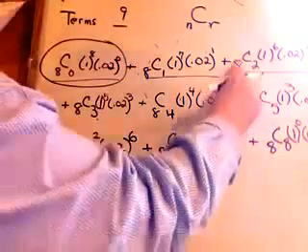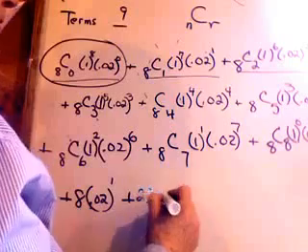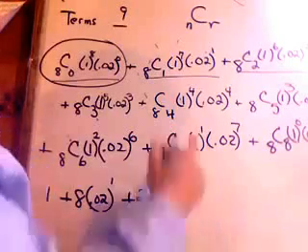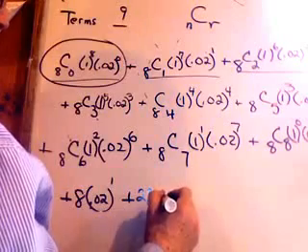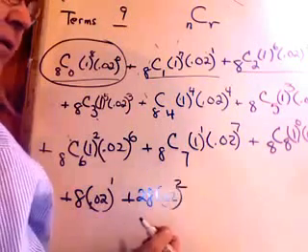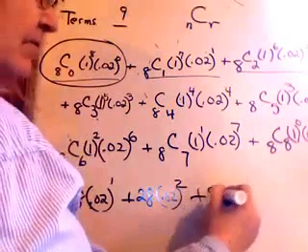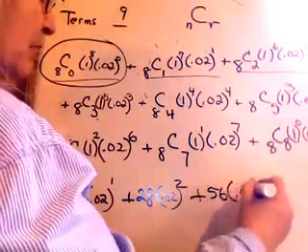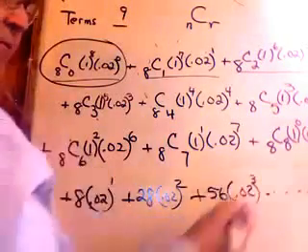Then, when I do 8C2, I should come up with 28, and then I have 1 to the 6th, which is 1, so I'm not going to write that, and then 0.02 squared, right? And then the next one I'm going to get is 56 times 0.02 to the 3rd. Now, I'm not going to finish this. I'm going to let you finish it.